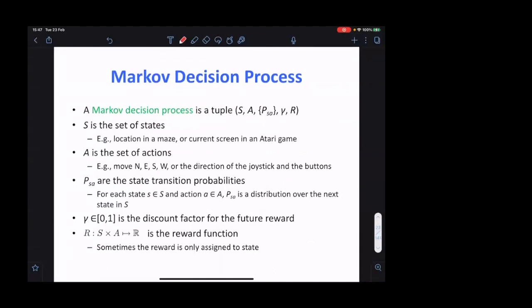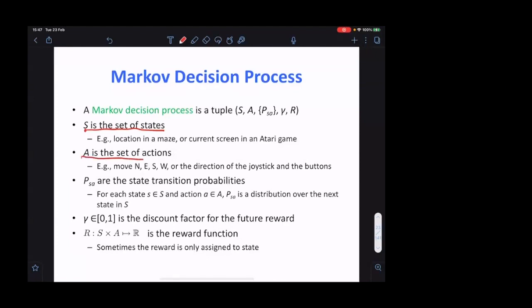Formally, it consists of a set of states, where the system jumps from state to state depending on the action you take.